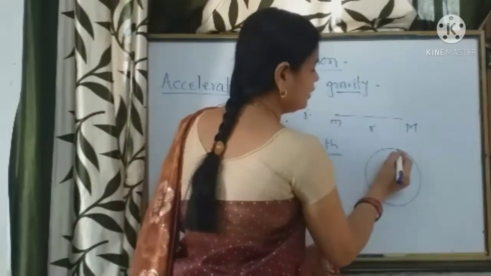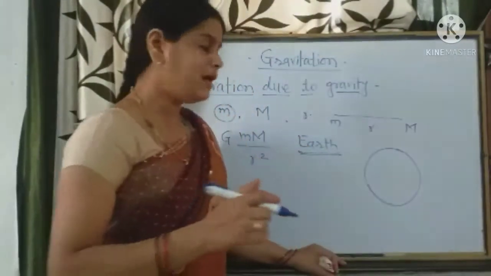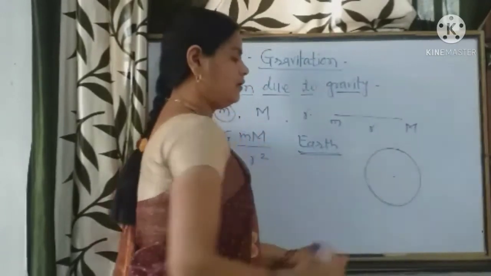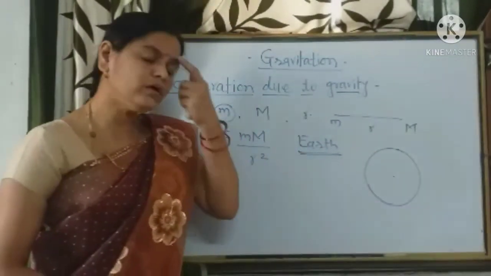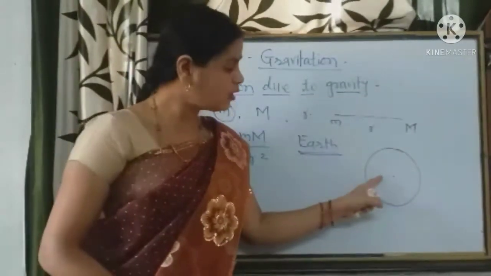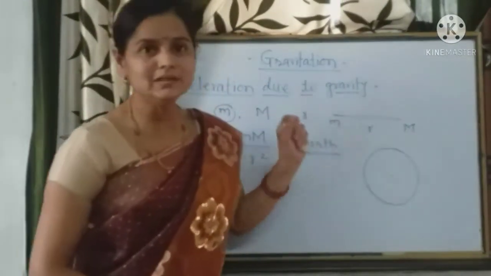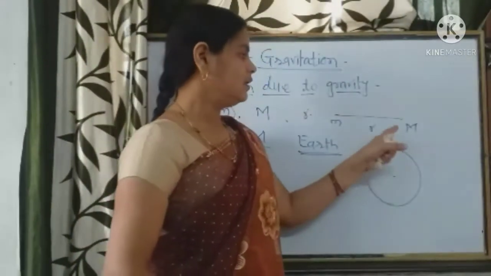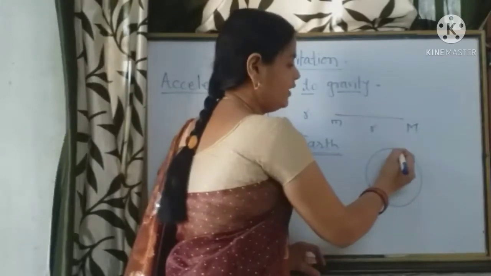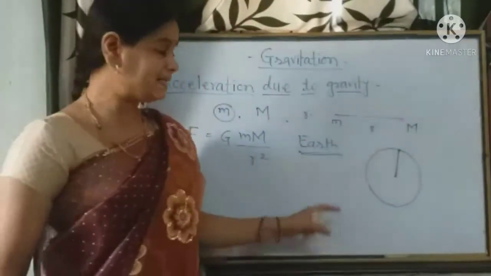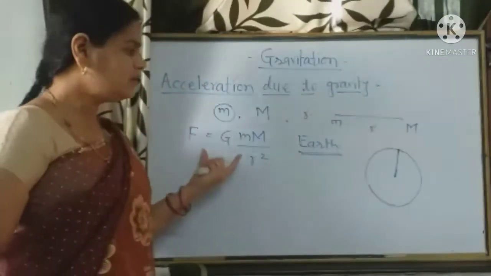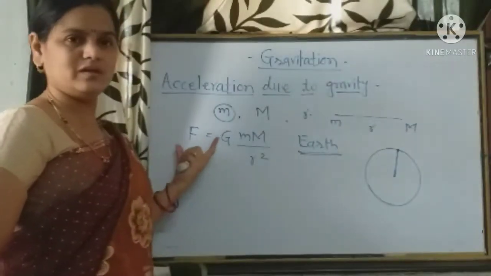In the last video we saw, suppose the body is lying outside the extended body, like earth, then what we consider is the whole mass of this extended body is concentrated at the center of this body, and from this, wherever the point mass be, we can find out the gravitational force exerted on this point mass by the extended body using this formula of gravitation, right?